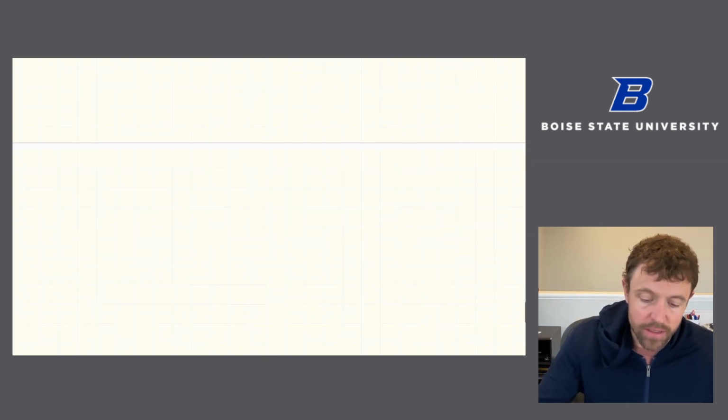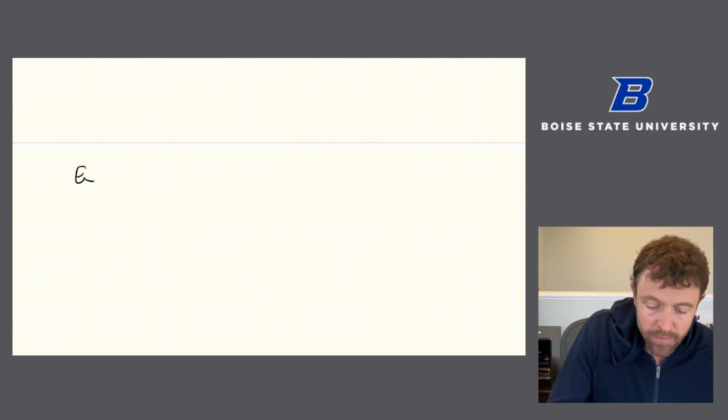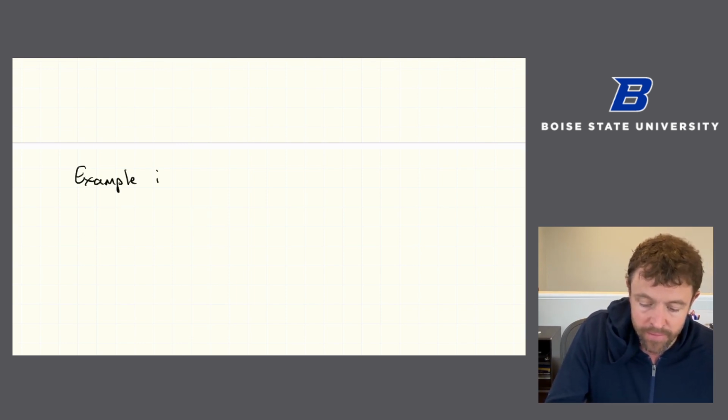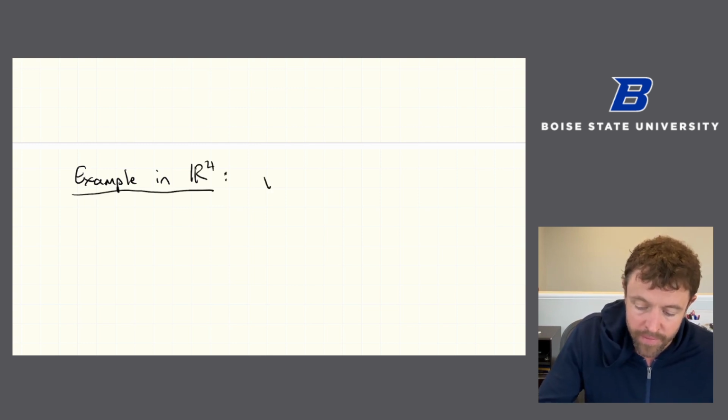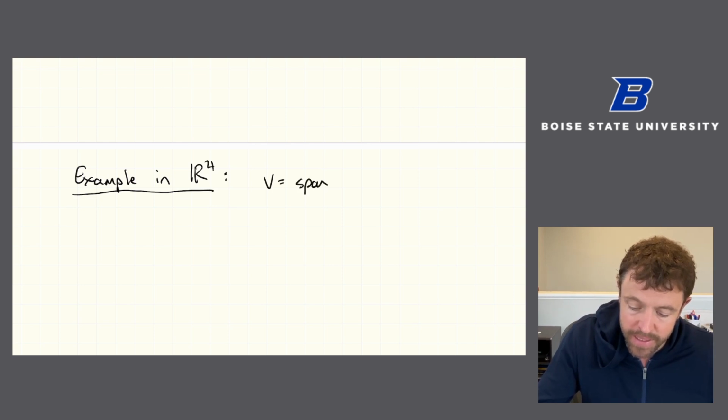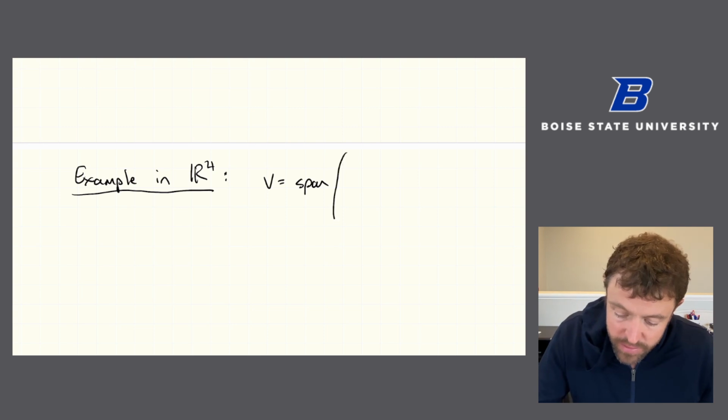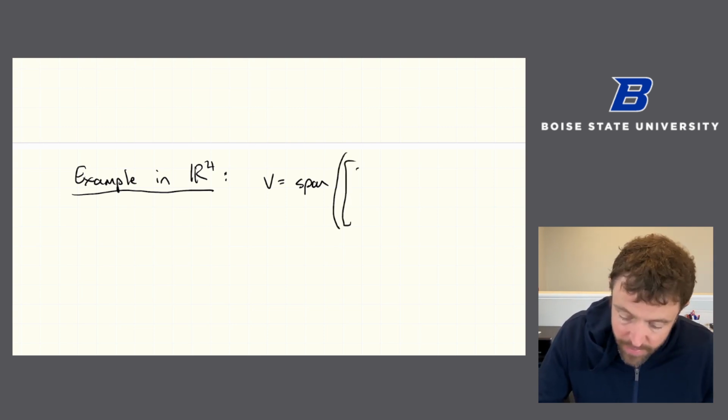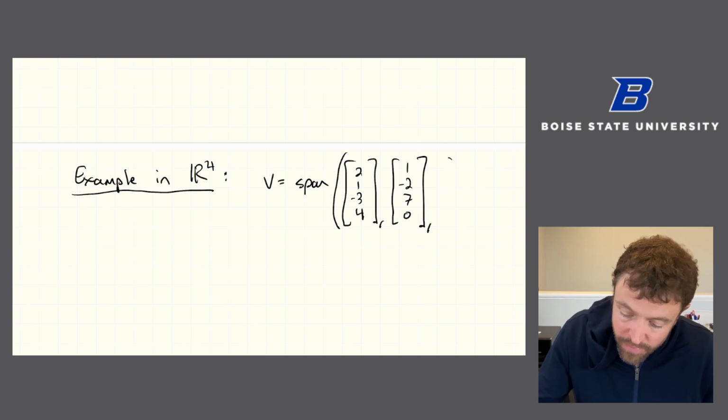And I'm just going to start with a space defined by its span. So V is going to be the space that's spanned by the following three vectors. 2, 1, minus 3, 4. 1, minus 2, 7, 0. 5, 0, 1, 8.